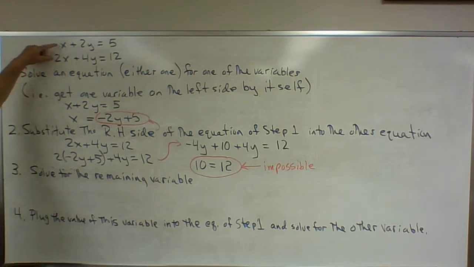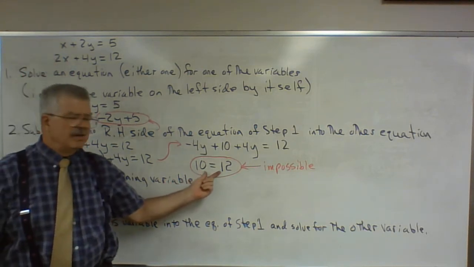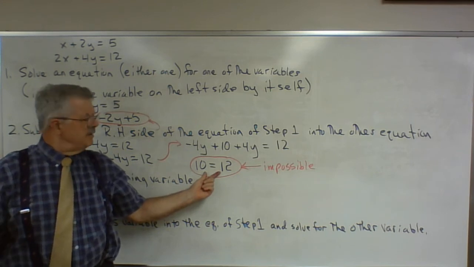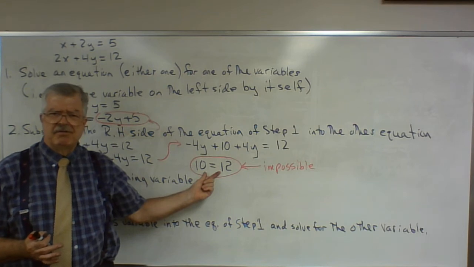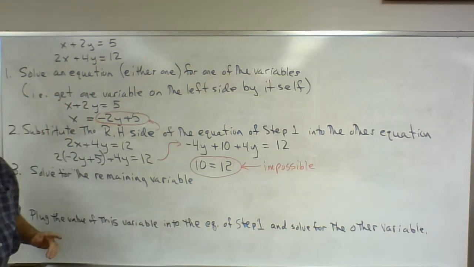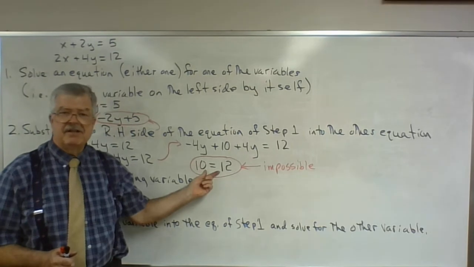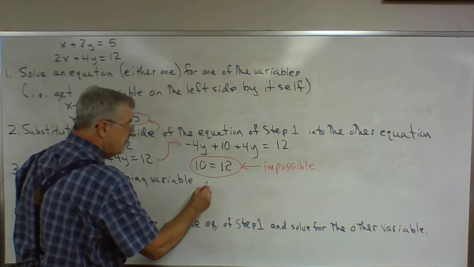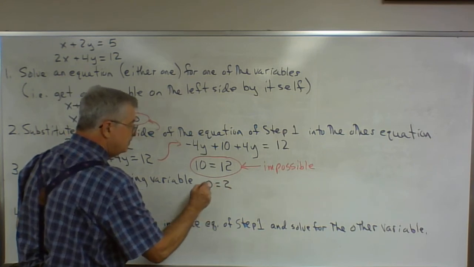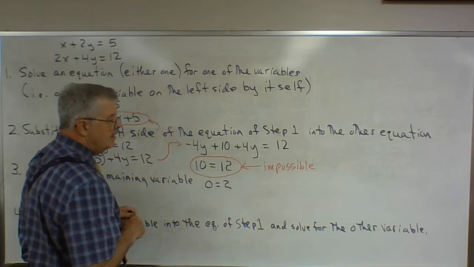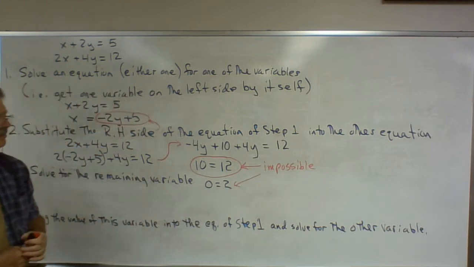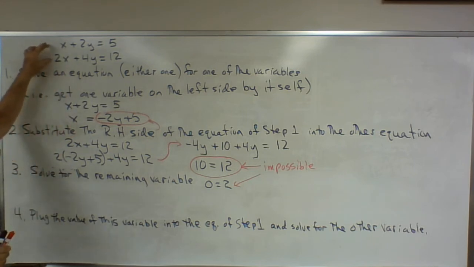And any pair x, y that's a solution to both of these equations will have to make 10 equal to 12. 10 is never equal to 12. And what that means when we get something like this, 10 equal 12, or if we subtracted 10 from both sides and got 0 equal 2, what that means when we get something that's impossible is that there is no solution.